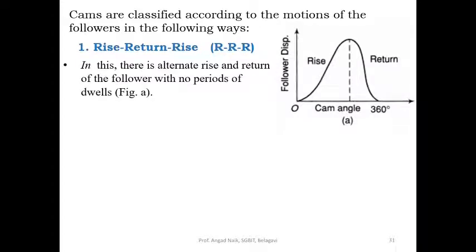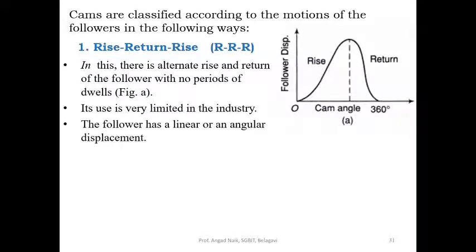In this there is alternative rise and return of the follower with no periods of dwell. You cannot see any dwell in this figure. Its use is very limited in the industry. The follower has a linear or an angular displacement.